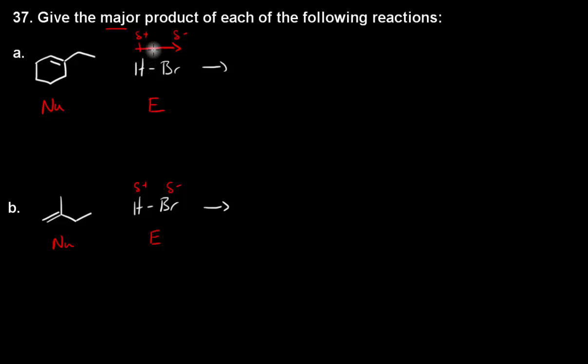So something's going to be electron loving if it is already electron deficient, which this H is, because it has that partial positive charge. So let's go ahead and show electron movement from the alkene to the HBr. Electron movement is going to originate from the pi bond and end up on the hydrogen. So this is the way you would draw this. You would show electrons starting at the pi, ending at the hydrogen.